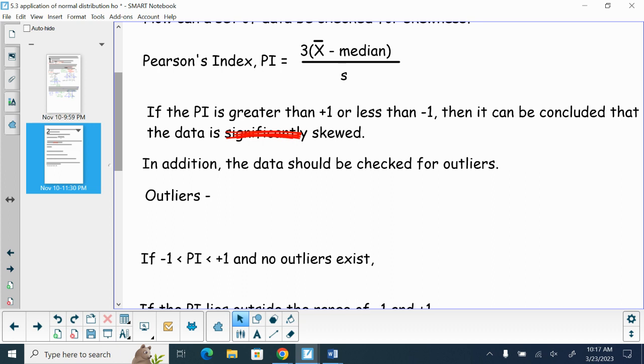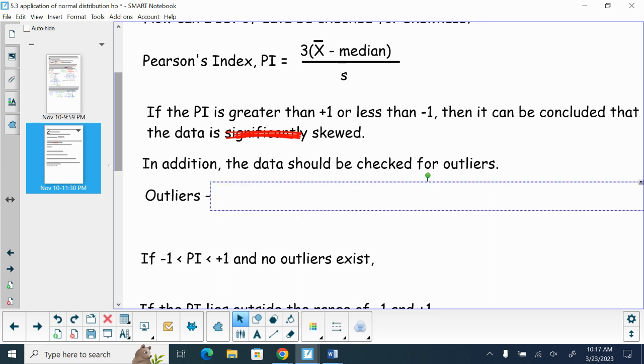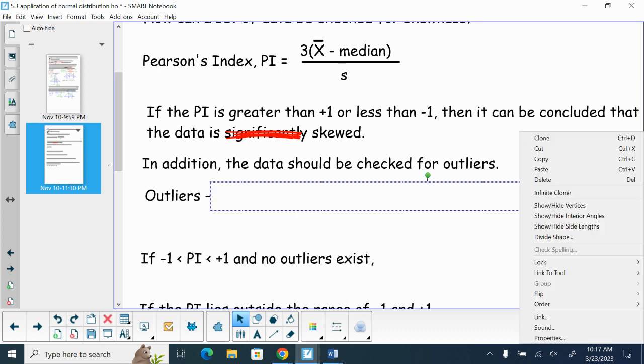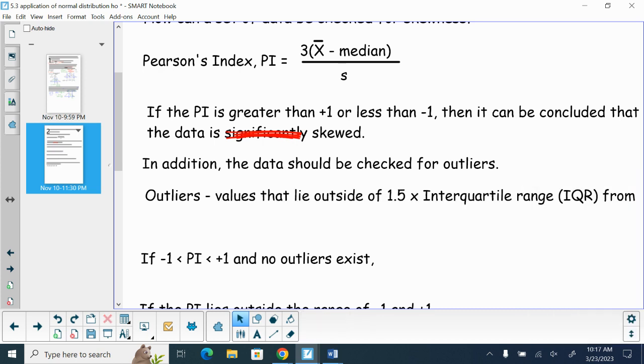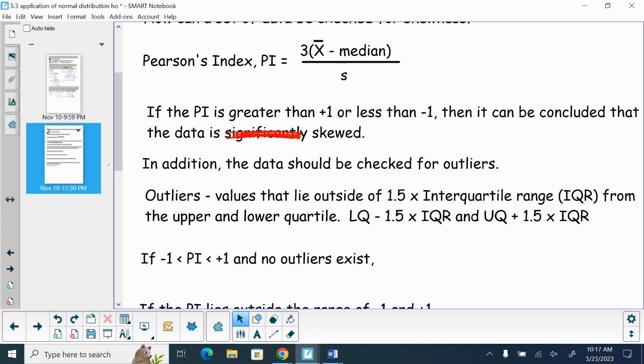And the outliers are calculated by 1.5 times the interquartile range. If you lie outside 1.5 times the interquartile range, above the upper quartile and below the lower quartile, then you have outliers.